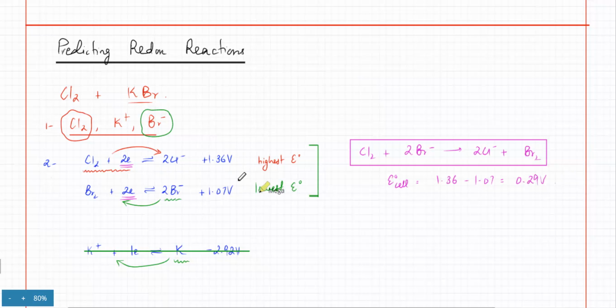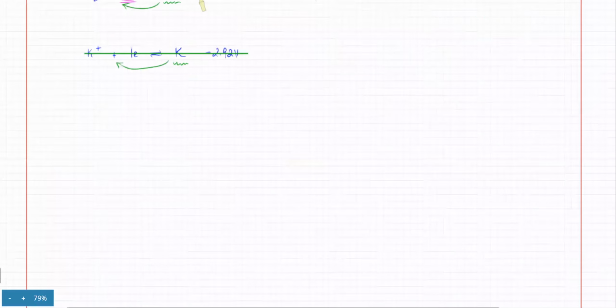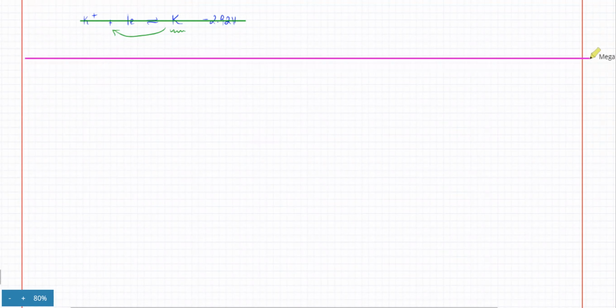So this is predicting redox reactions. Now we're going to do one more thing, which is non-standard electrode potentials. Because all the electrode potentials that we are studying right now are calculated under standard conditions.